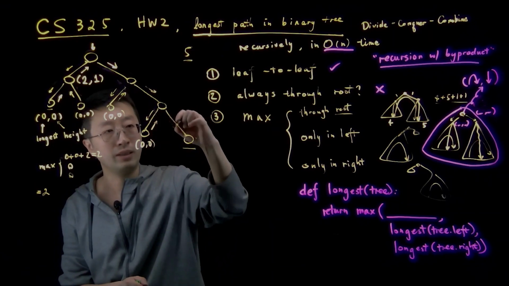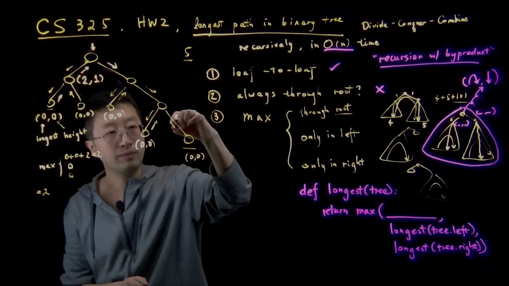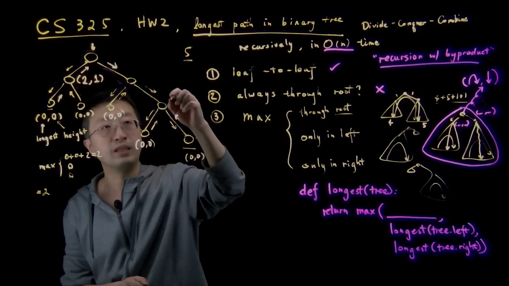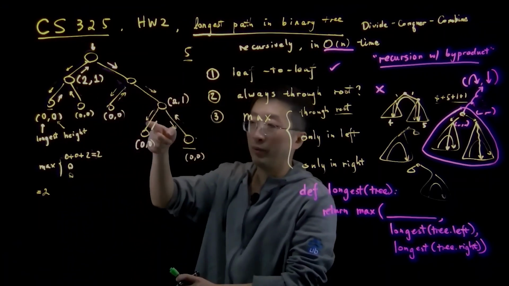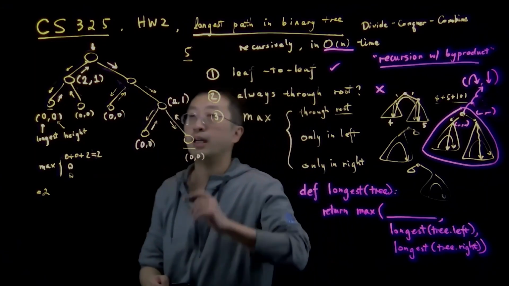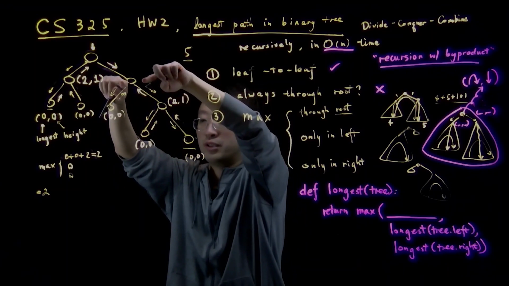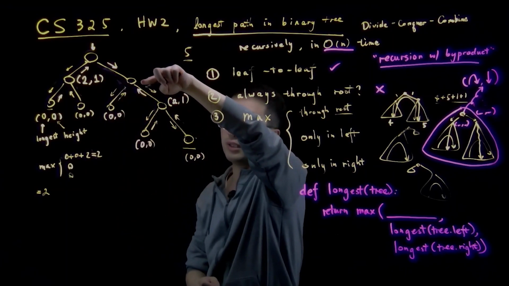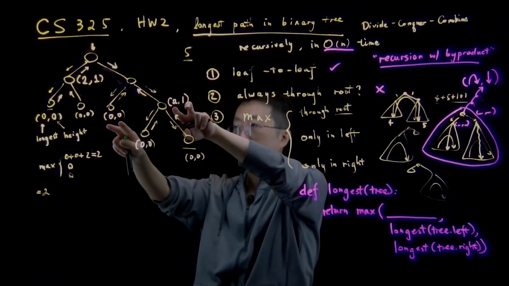And down here, it's also 0, 0, and goes back up. And this node, again, will be similarly 2, 1. So the longest path within this subtree is 2, and height is 1. And when this pair is also reported to here, we have the first interesting case: you have to merge these two pairs of numbers.